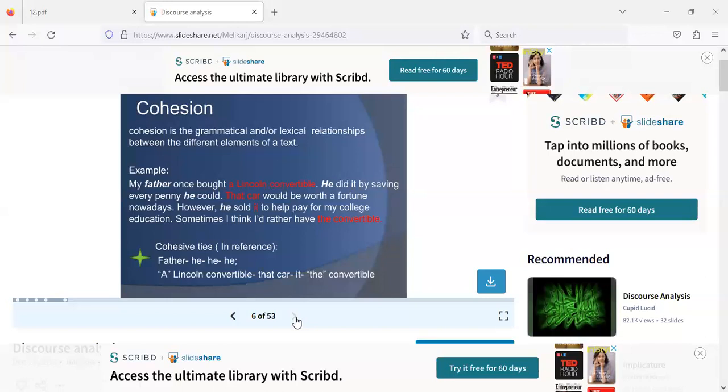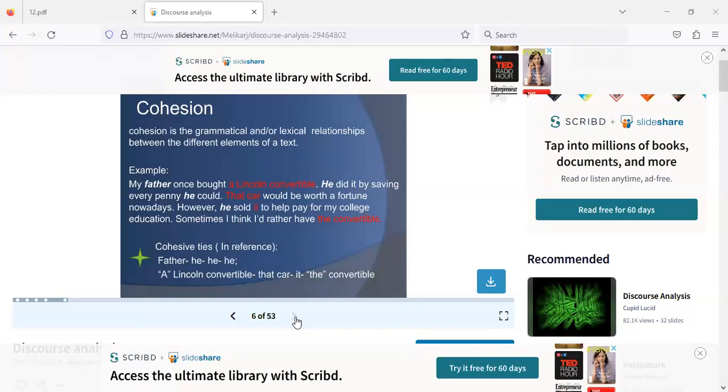Right. So now if we are trying to analyze this text with this grammatical aspect, that's why we say cohesion, right? So the lexical relationship only, we are going to find out the grammatical relationship.